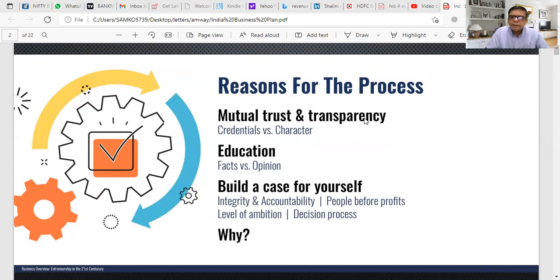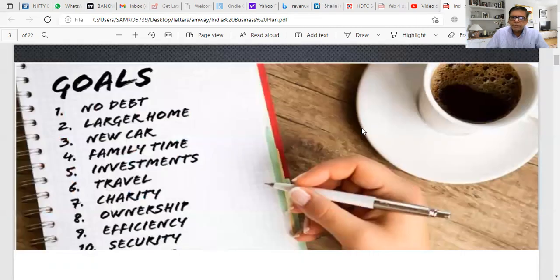And are you accountable for what you do? And the last is why you want to do something other than your profession or education. So these are the four things which you can think about and we can discuss next time.